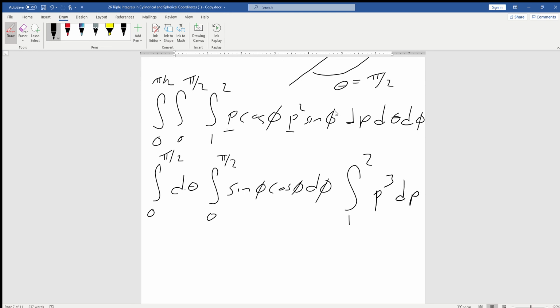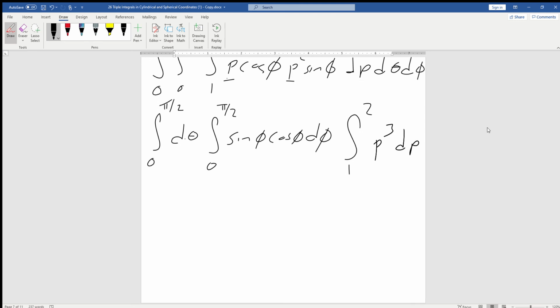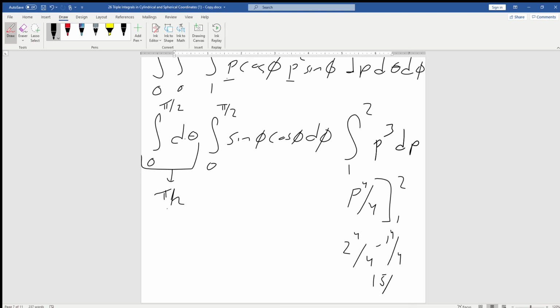All right. This one's easy. The first integral is just pi halves. Over here, we're going to get rho to the 4th over 4 from 1 to 2. That means we're going to get 2 to the 4th over 4 minus 1 to the 4th over 4, or 16 minus 1 over 4, which gives us 15 fourths.